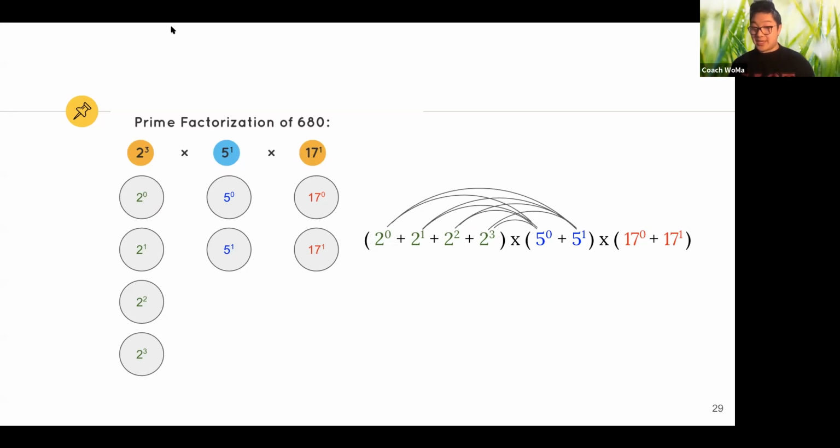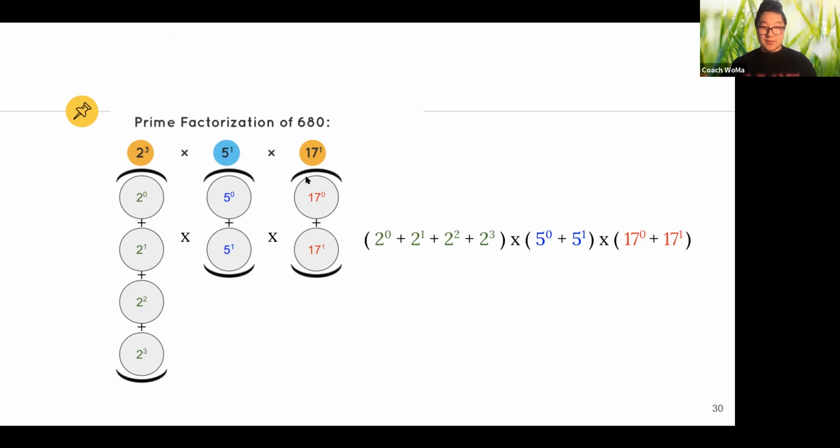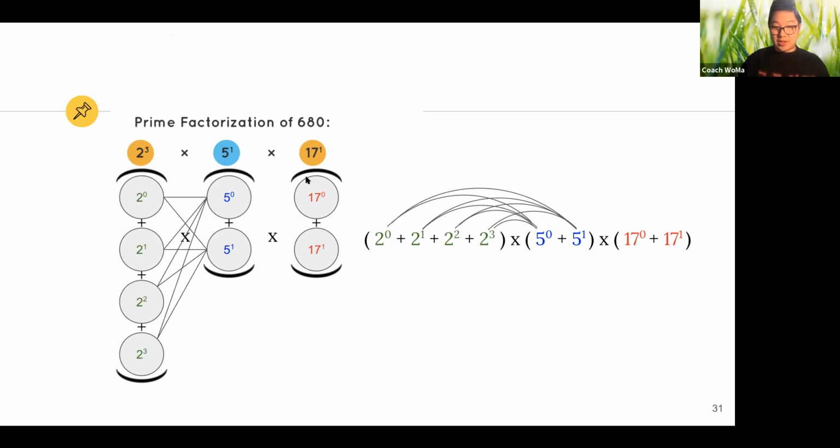And this should make sense because when you're doing this cross multiplication, you're getting every single combination of 2 to the whatever times 5 to the whatever, and it ends up being a factor. So this is very similar to when we were looking through all the different paths, right?